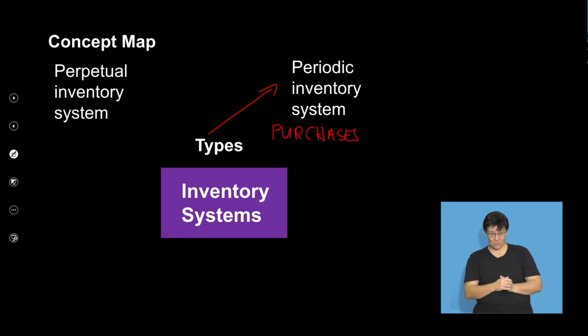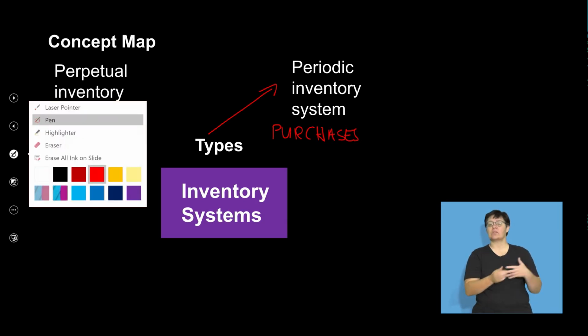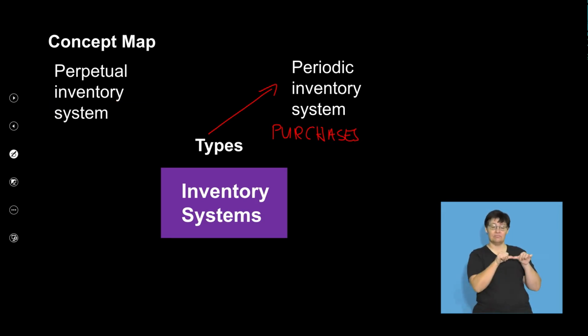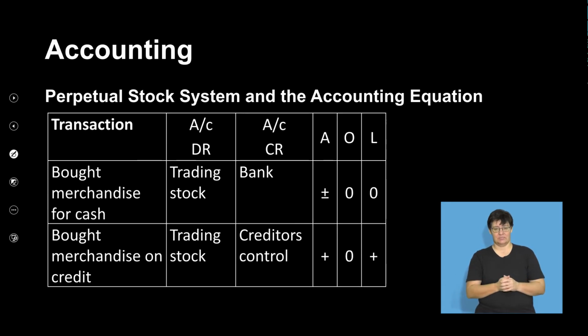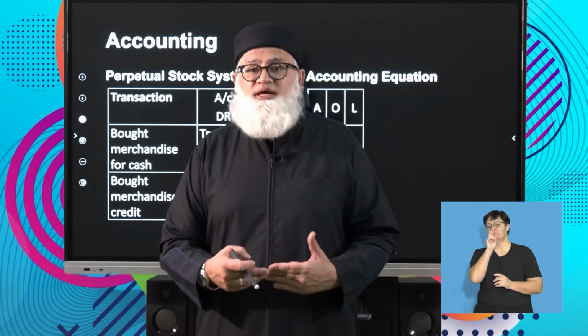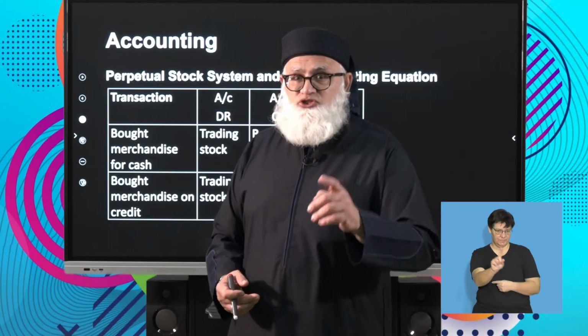And when you're dealing with the perpetual inventory system, you're dealing with the trading stock account. So clearly there's a difference between the two, and this will become clearly evident to you when you see what we're going to be doing now. Right, so watch the space.